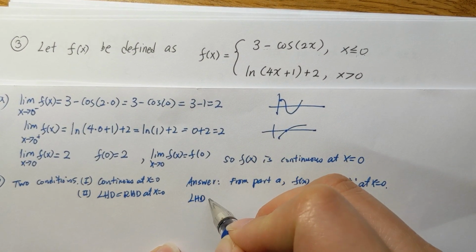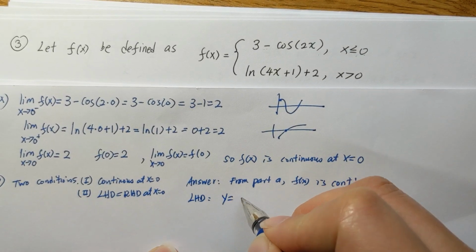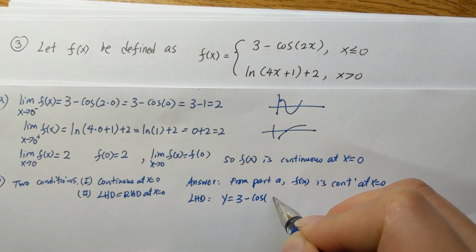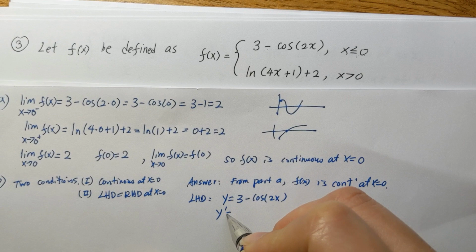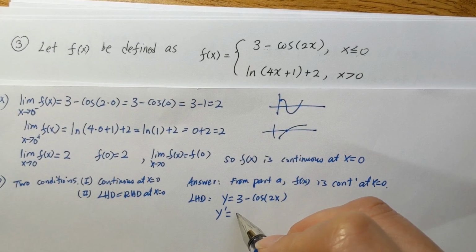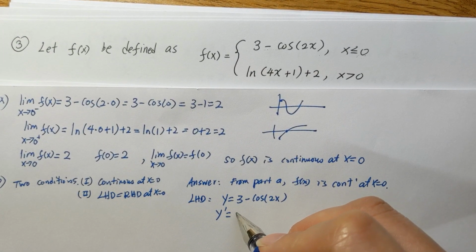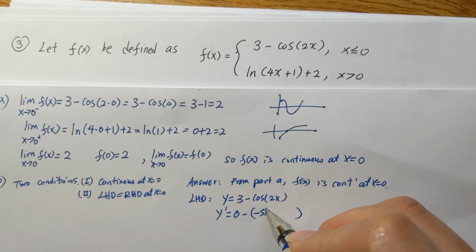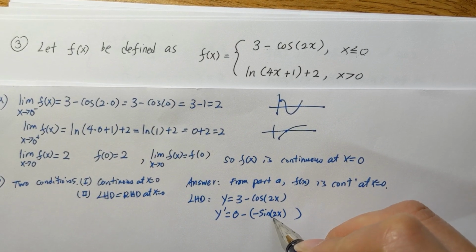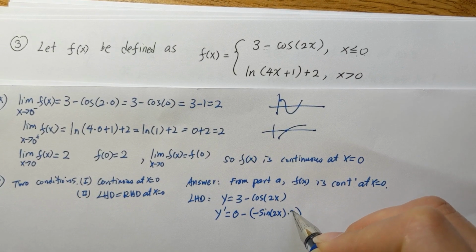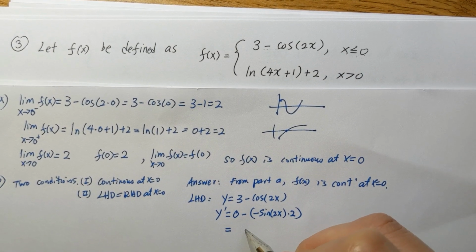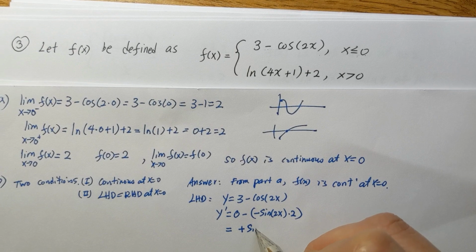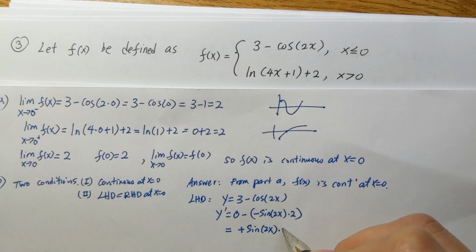So now we're going to do the left hand slope. Let y equal 3 minus cosine 2x. For y prime, we're going to use the chain rule over here. The derivative of 3 is 0. The derivative of cosine is negative sine 2x, and then the derivative of the 2x is 2. So we simplify. We get positive sine 2x times 2.